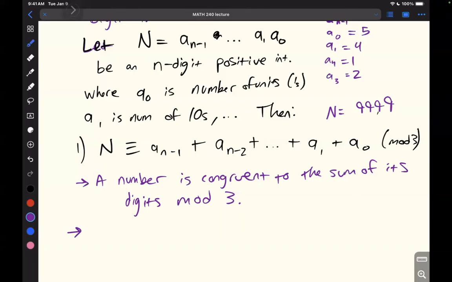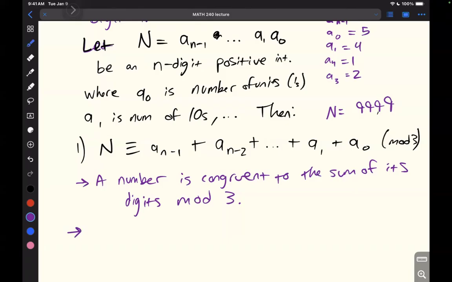If we add all these digits up and we get 0 mod 3, what does that tell you about the number and 3? Yeah, it's divisible.